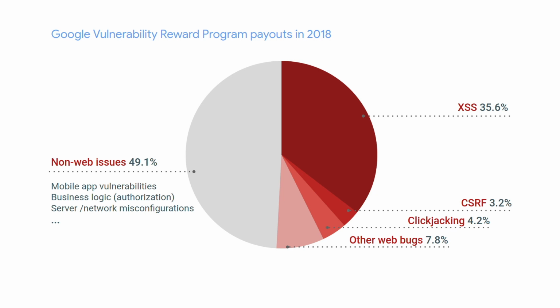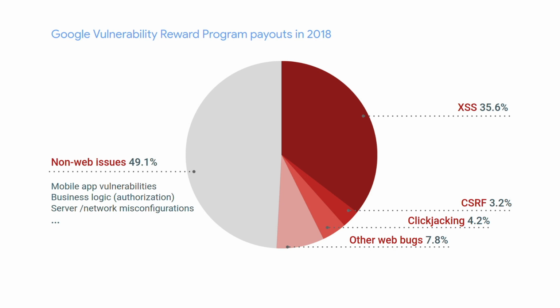But if you look at the right side of the chart, you'll notice that more than half of the rewards that we've paid out over the past year and also over the past decade have been for web vulnerabilities. So those are issues that affect users who are logged into Google in their web browsers, and they allow certain kinds of attacks that I'll tell you about in a moment.